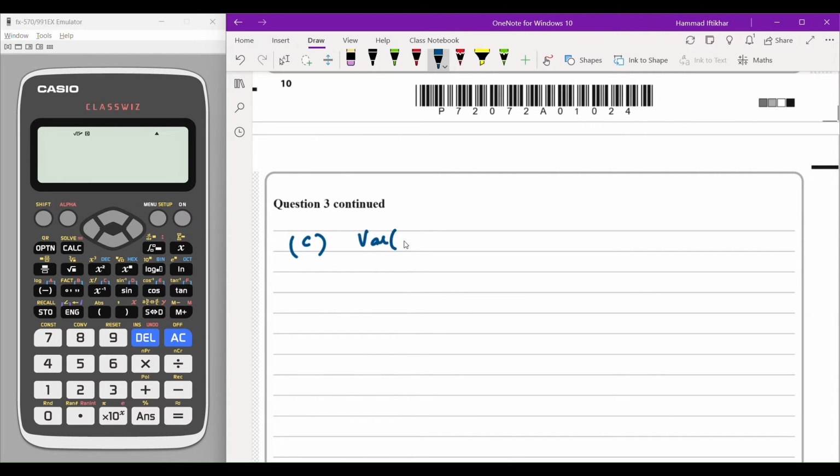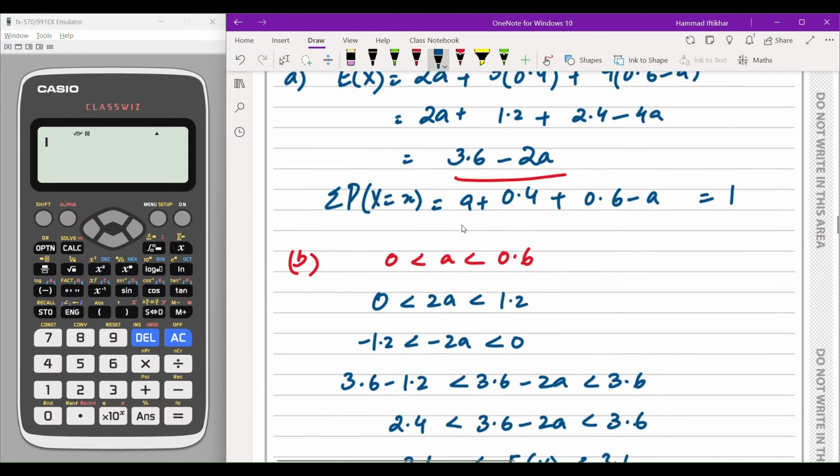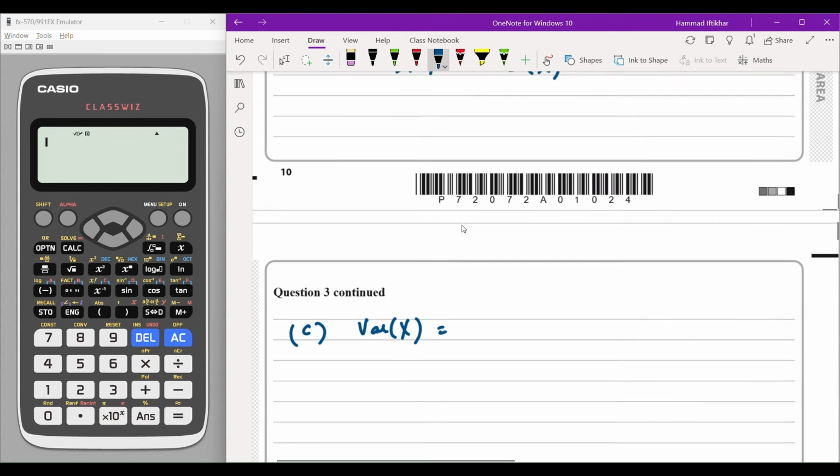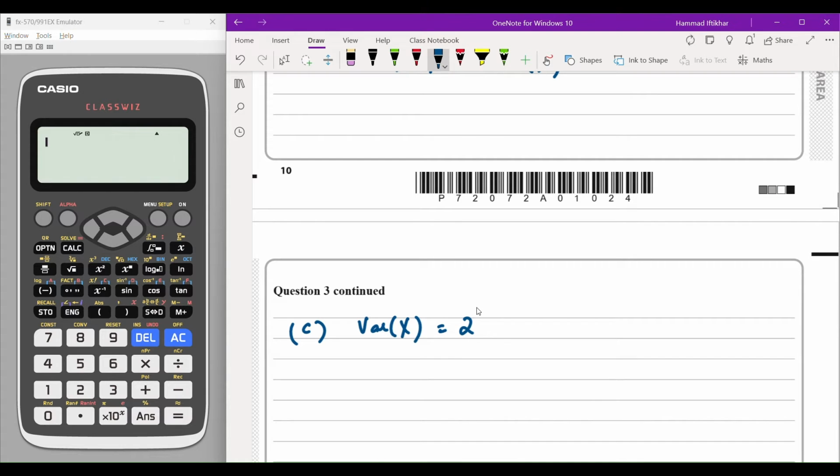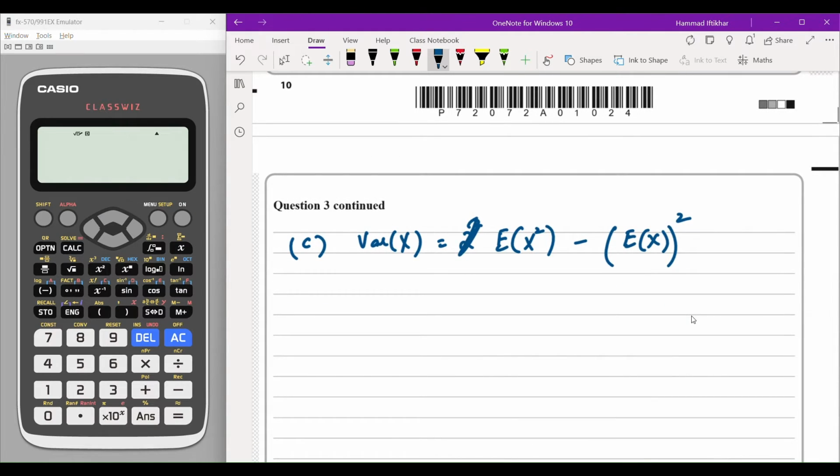So variance of x is E of x squared minus the square of E of x. So we first need to figure out what E of x squared is.